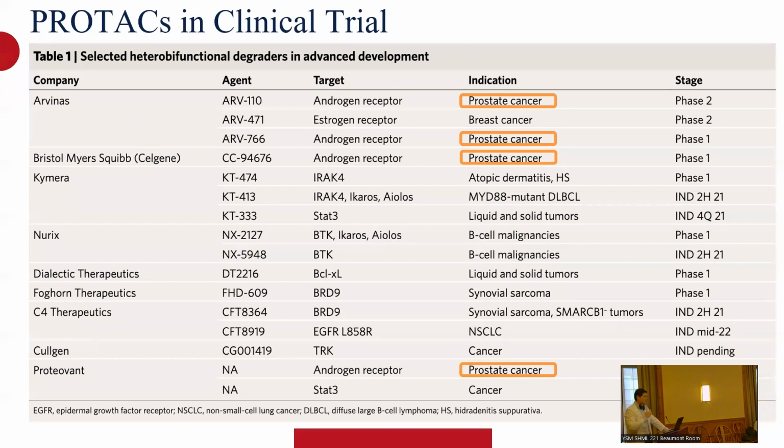On top of that, there are other PROTAC drugs for different malignancies. And so as we proceed in our training, be on the lookout for these drugs because they have different mechanisms of action, and so they could behave synergistically with other pre-existing small molecules.